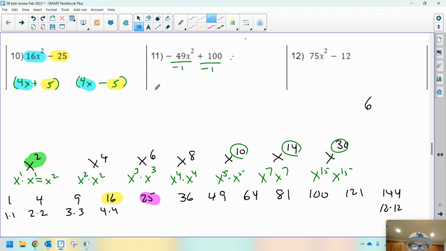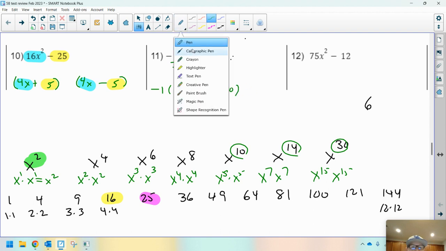We're going to take out the GCF, negative 1, parentheses. Negative 49 divided by negative 1 is a positive 49x squared. Negative divided by negative is positive. Then we have 100 divided by negative 1, which is negative 100.